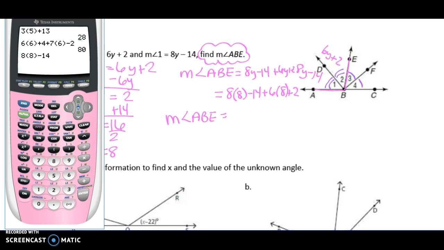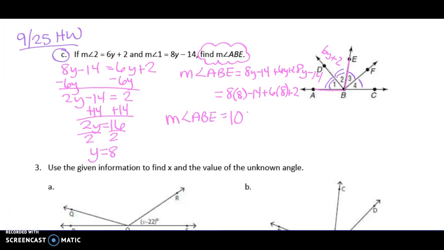Plugging it in just like I've written it down. Find that this angle is 100 degrees. And that question is done.